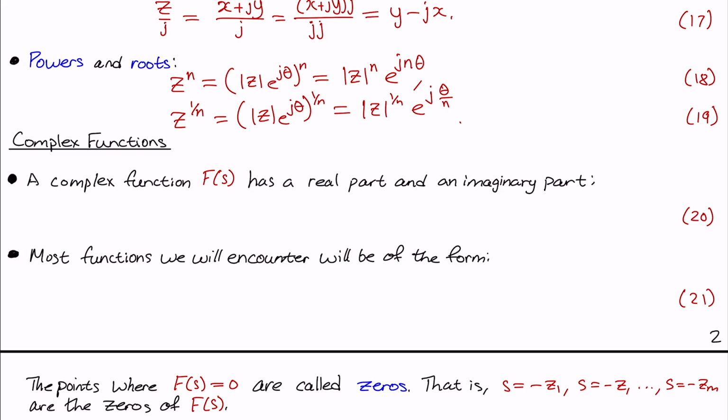Okay, we can now talk about complex functions. A complex function f of s has both a real and imaginary part, and we can simply say f of s is equal to some real part f sub x plus imaginary part j times f sub y.